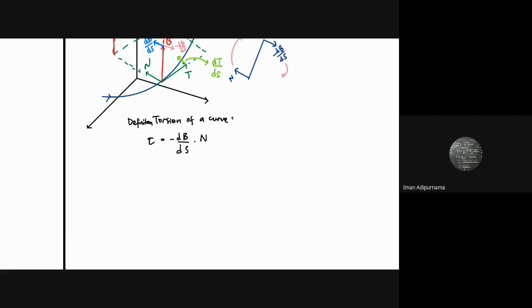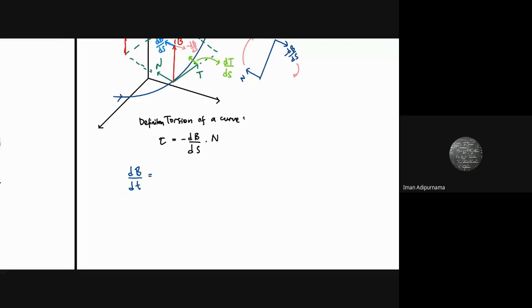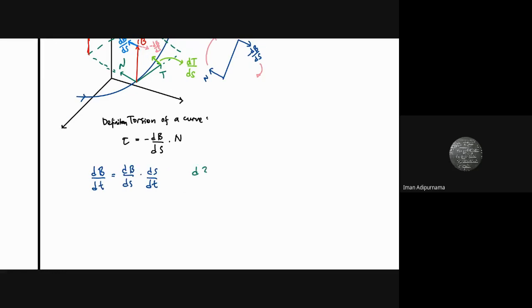We can also use the chain rule to simplify the calculations. And later this will be B prime.